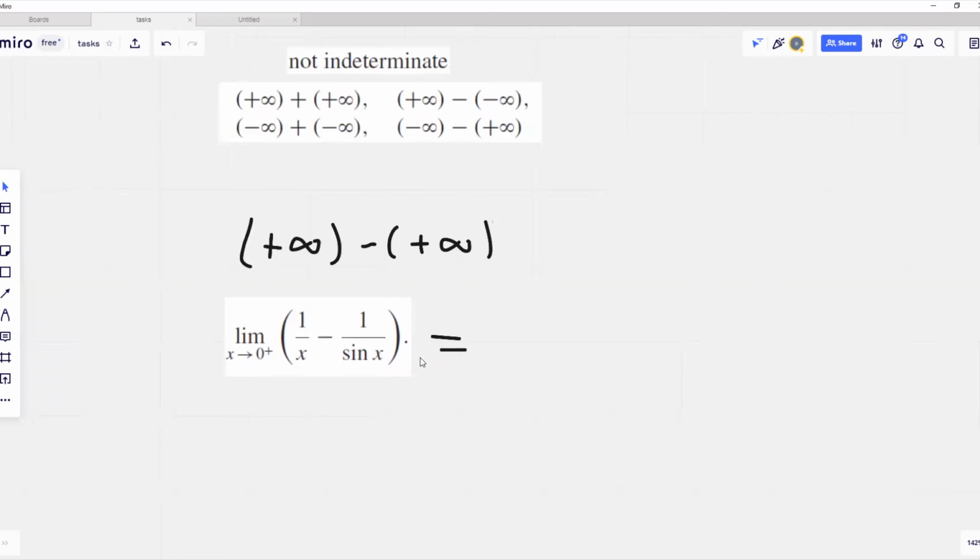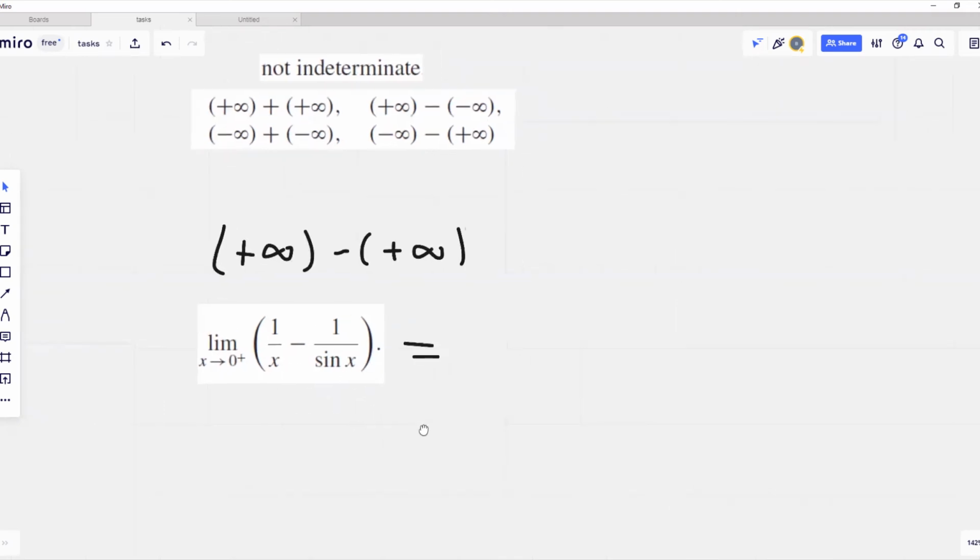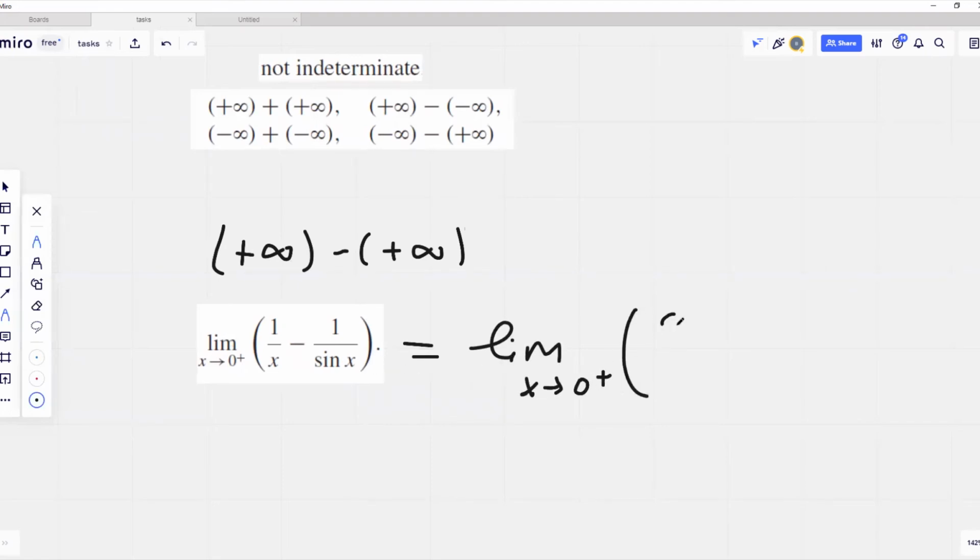All right, we do not have another L'Hopital's rule in this case, so we will try to bring this expression here to an indeterminate form of 0 over 0 or infinity over infinity. So this is then the limit when x is approaching 0 from the right side of sine of x minus x over x sine of x.